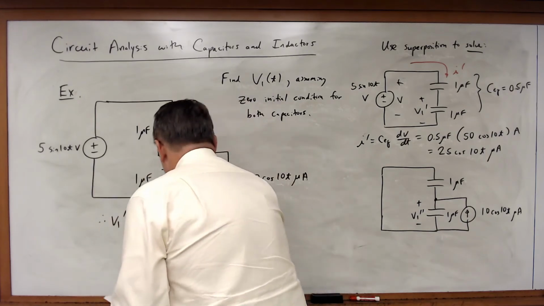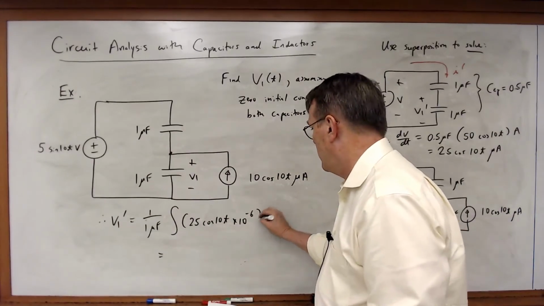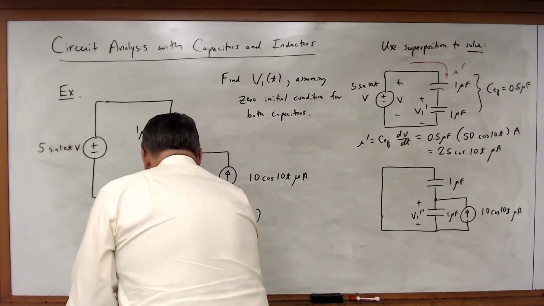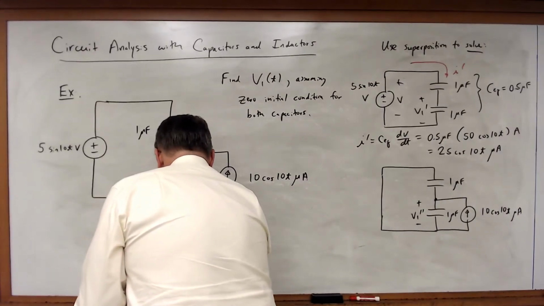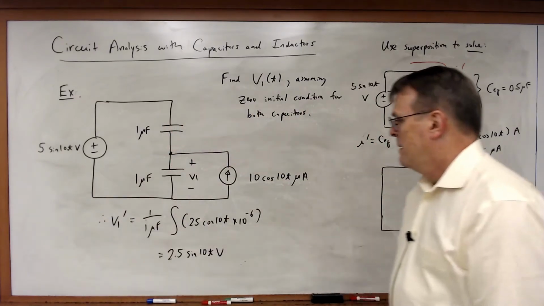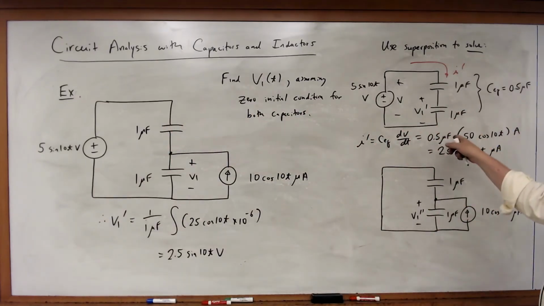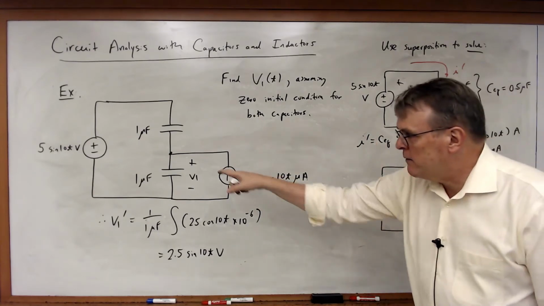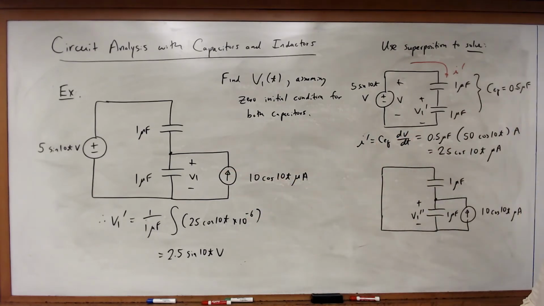And if I take that integral, this will be equal to 2.5 times sine 10t volts. So I found the current, then I integrated the current to find the voltage just for that one capacitor.